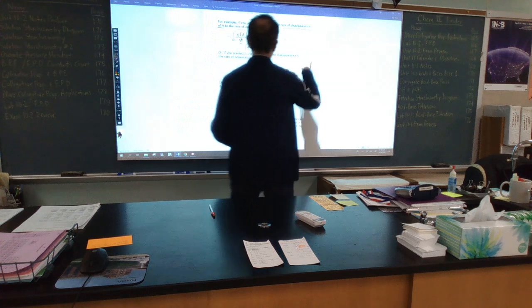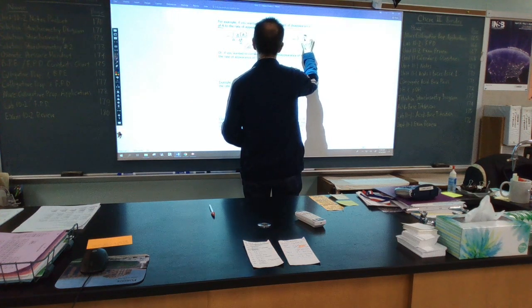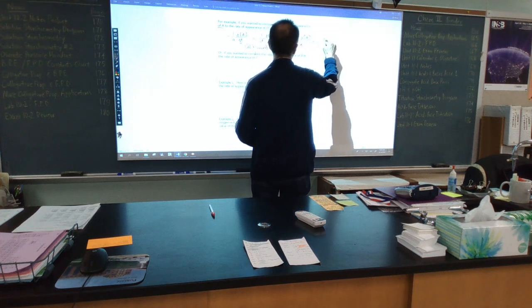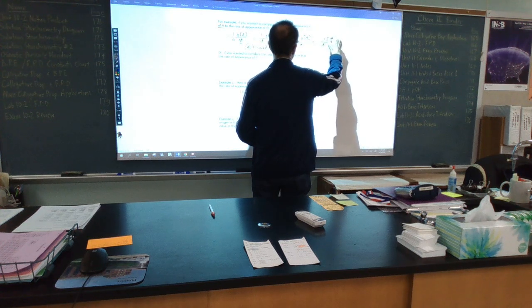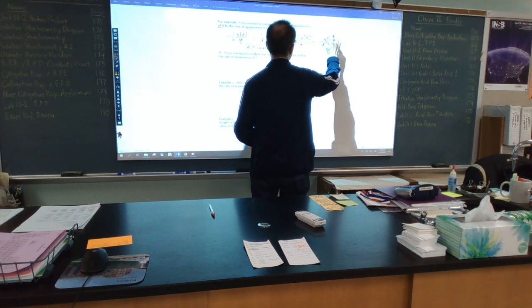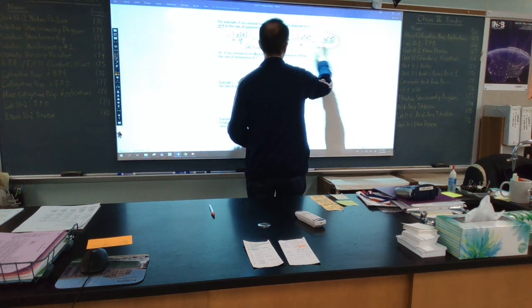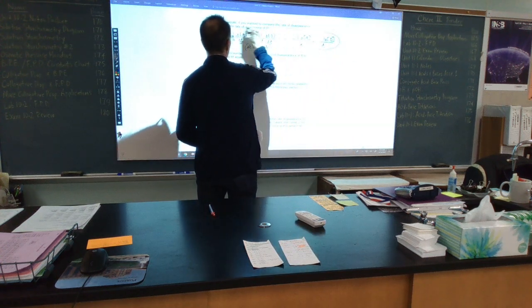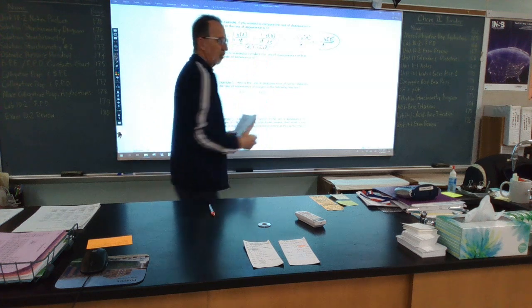So 1 over a times the change in concentration of A equals 1 over d times the change in concentration of D.